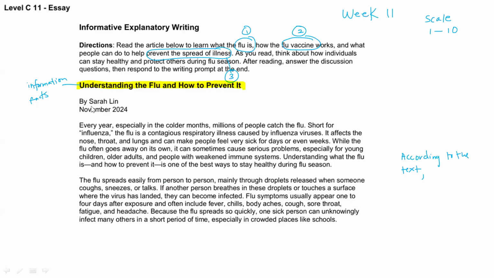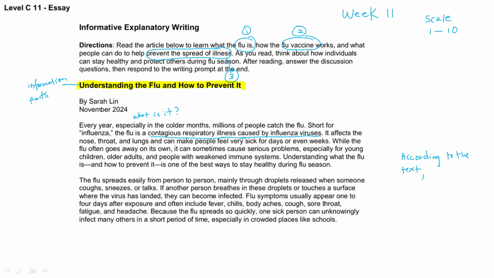Understanding the flu and how to prevent it. Every year, especially in the colder months, millions of people catch the flu, short for influenza. The flu is a contagious, what is it, right? So what is it? It's a contagious respiratory illness caused by influenza virus.